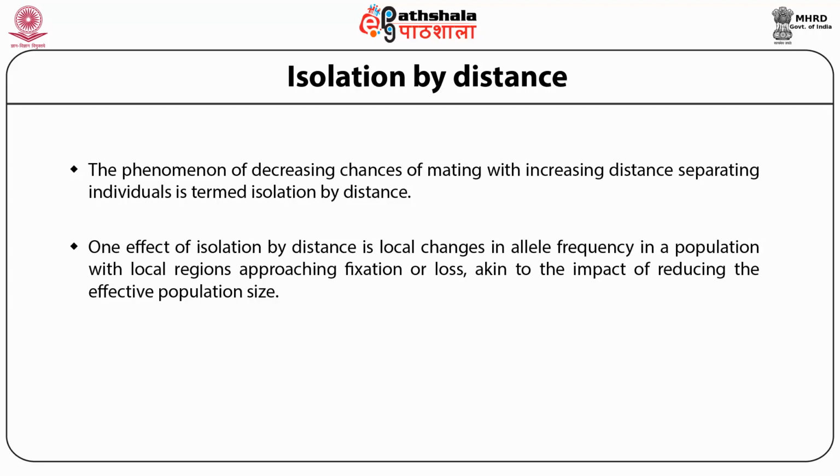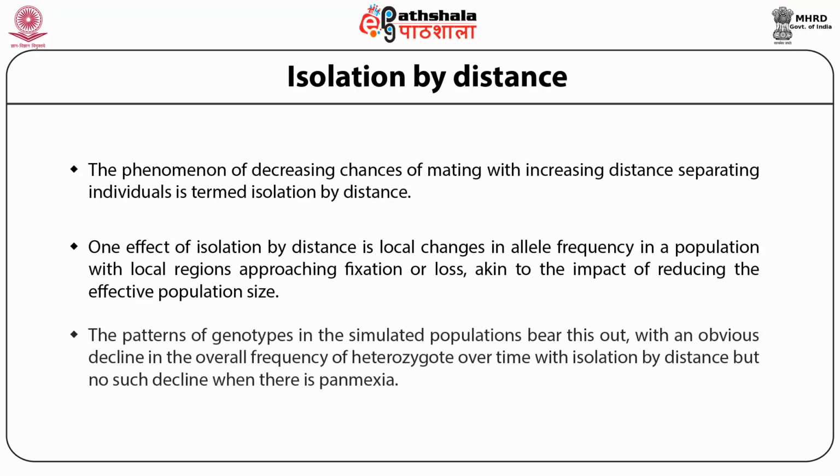Alternatively, isolation by distance can be thought of as a form of inbreeding, since restricted mating distance causes homogeneity within the subpopulations. The pattern of genotypes in the simulated population bears this out, with an obvious decline in the overall frequency of heterozygotes over time with isolation by distance. But no such decline was observed in the case of panmixia.